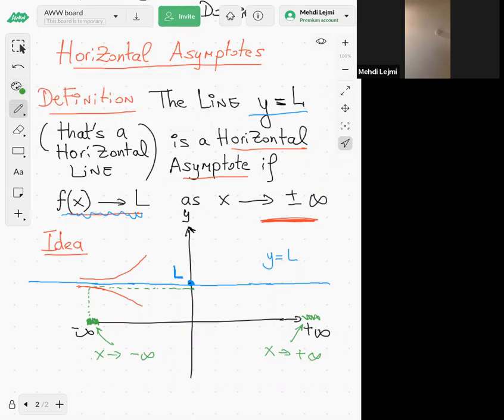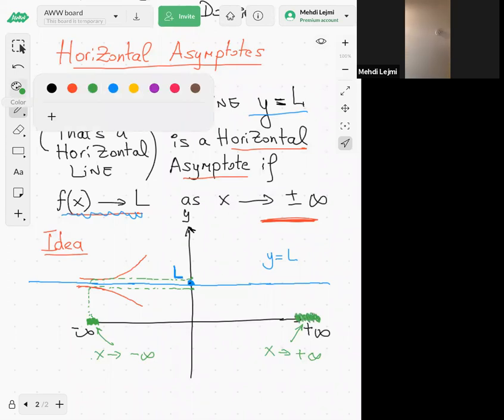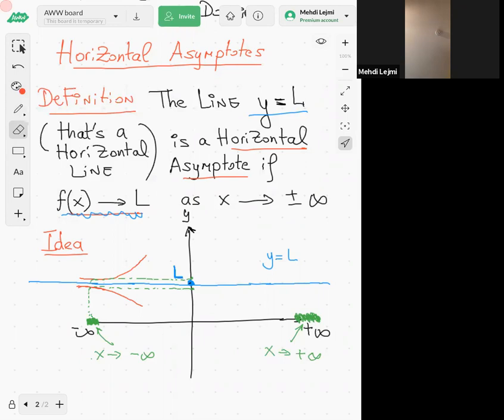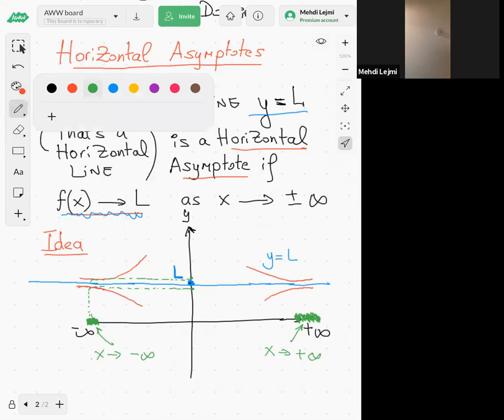My x is here at negative infinity, but the output is very close to L. Or if x is approaching positive infinity, then the values of the function are going to be very close to L. So as x approaches positive infinity, the output is going to be very close to L.